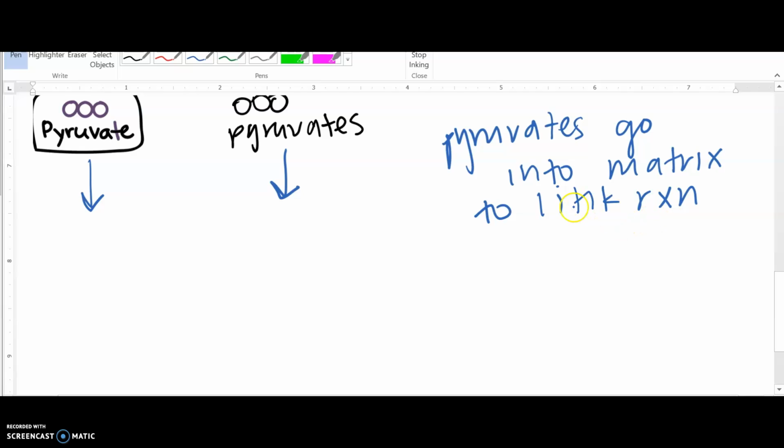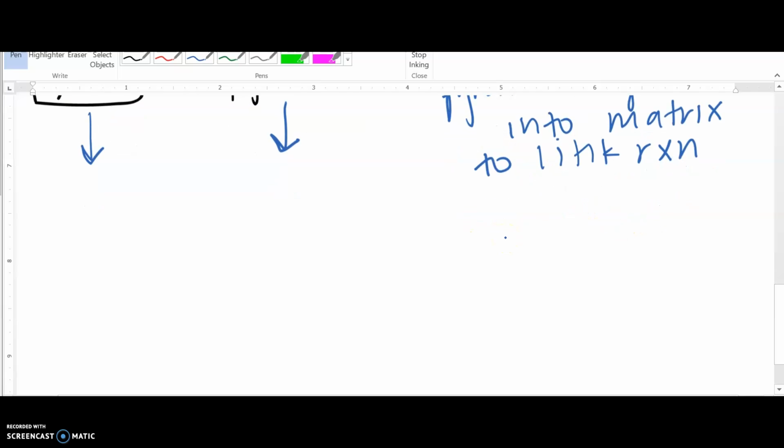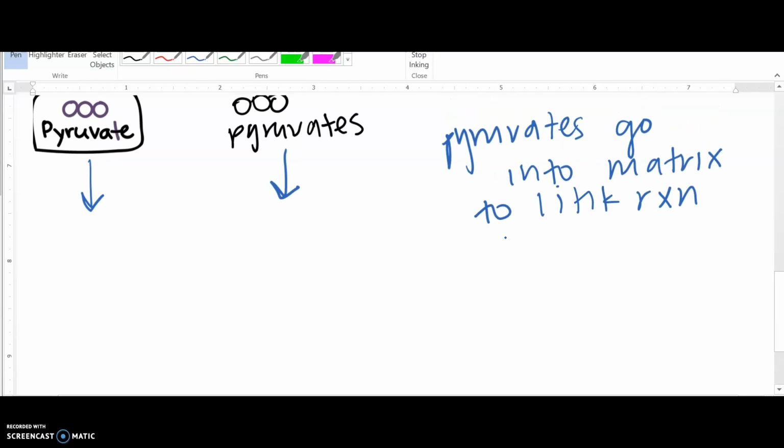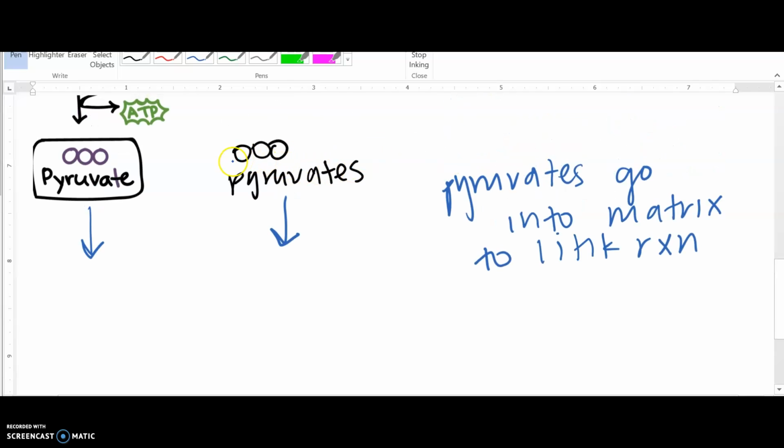So there are 2 big things that happen in the link reaction. First is what happens with the pyruvates themselves. So the pyruvates each have 3 carbon molecules. One of those carbon molecules pops off, and it produces CO2.